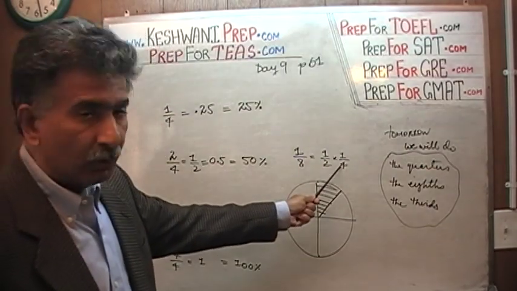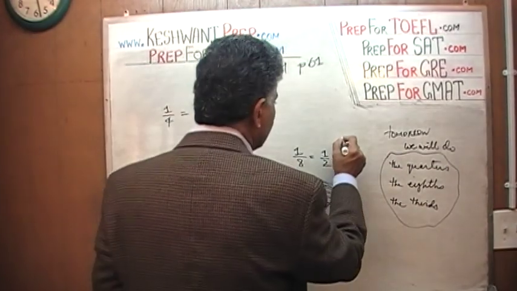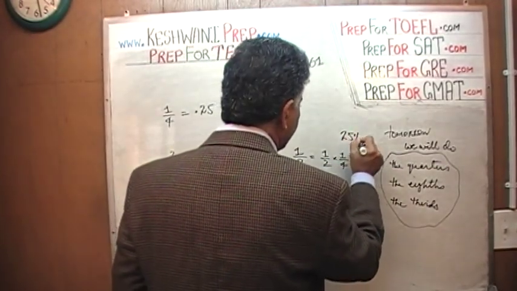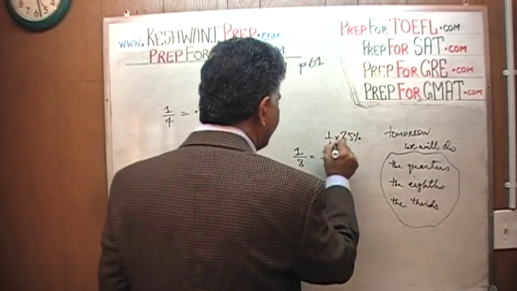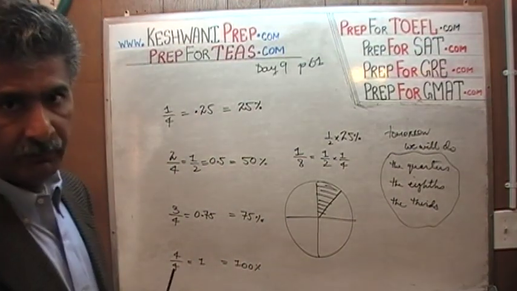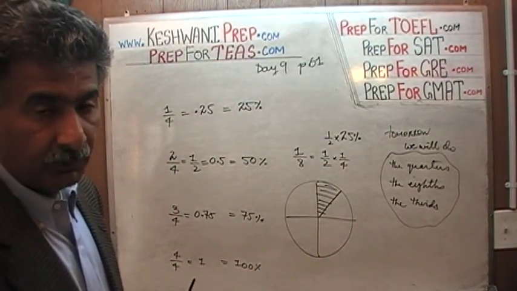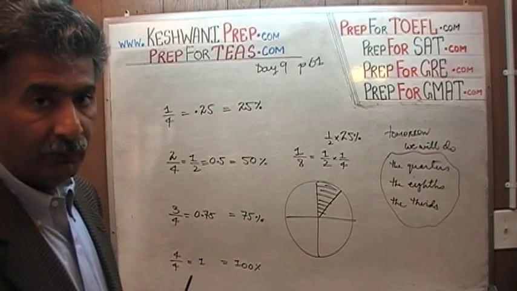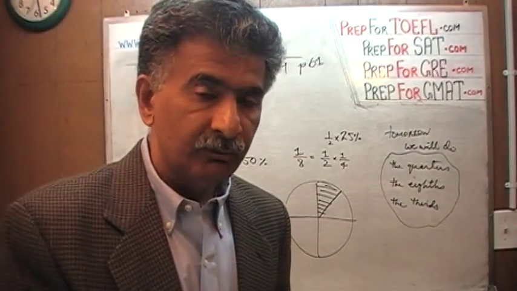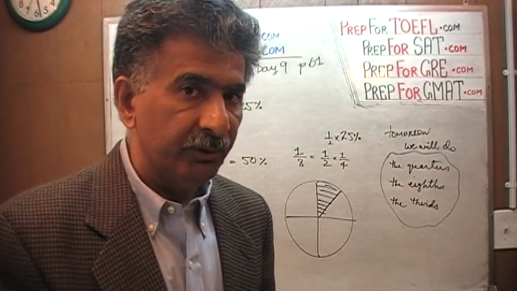Well, we already know a quarter is 25%. So the question is, what is half of that? What is half of 25? Well, half of 24 we know is 12. If half of 24 is 12, then it stands to reason that half of 25 must be 12.5.